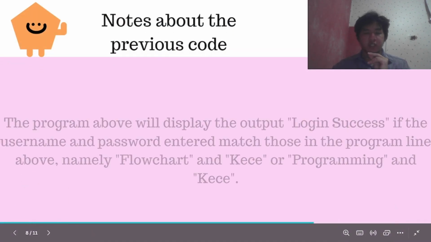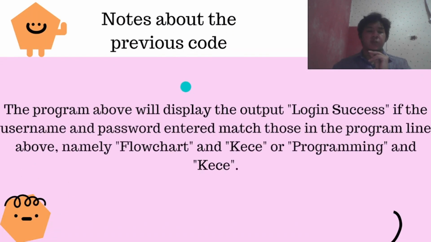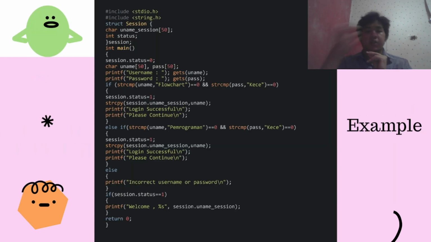If we go to the next slide, the program above will display the output login success if the username and password entered match those in the program, namely flowchart and cache, or pemrograman and cache. If we go back to the code, this code will check if the user puts in the right username and password.